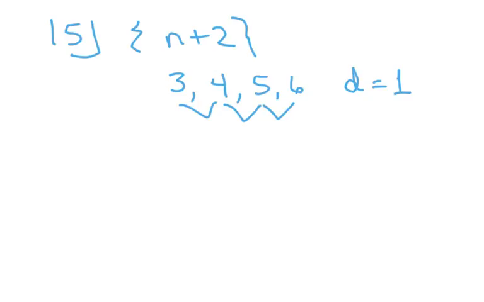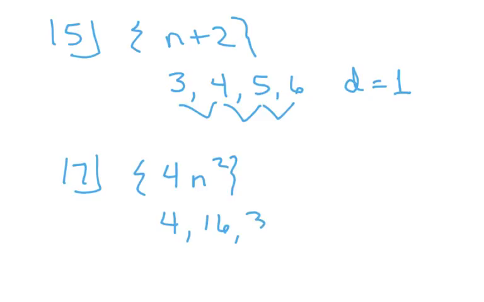Now this one, let's look at one that's neither. So let's look at 17. In 17, we have 4n squared. So we're going to look at just plugging in some values. If you plug in 1, you get 4, then you get 16, then you get 36, then 64, then 100, and so on.